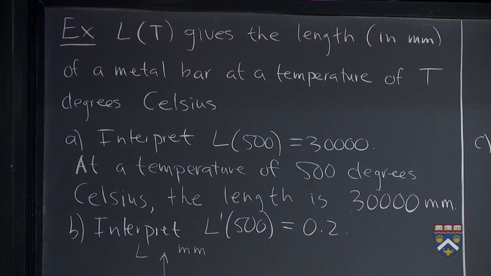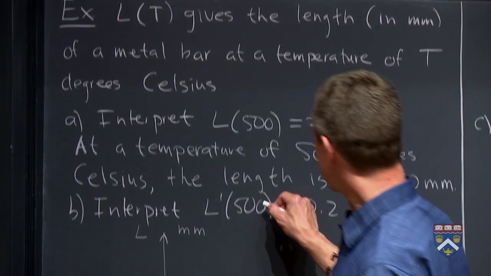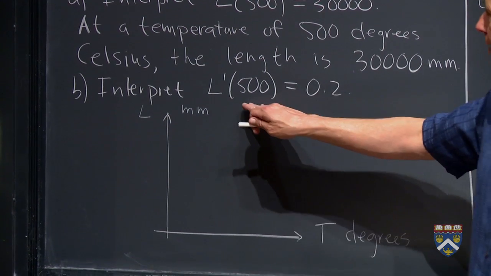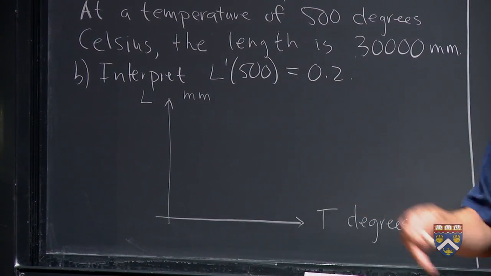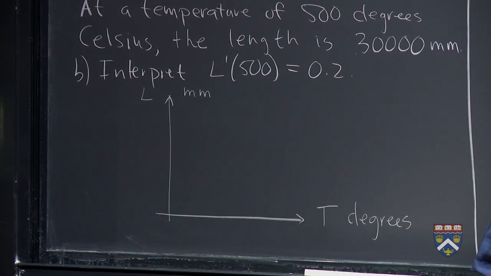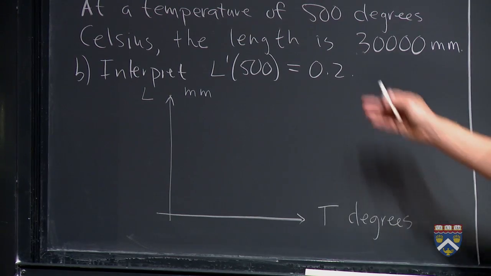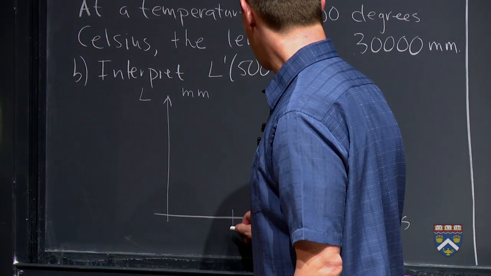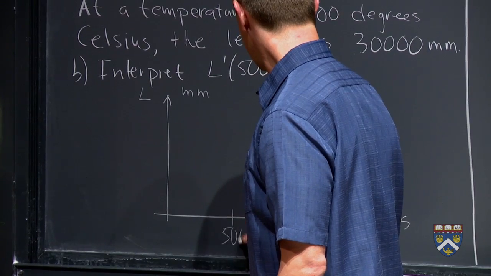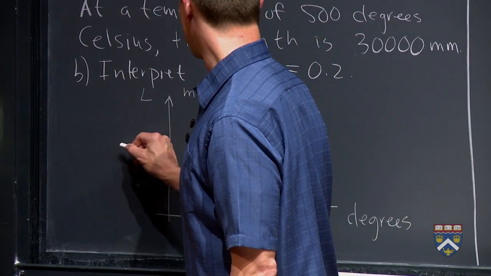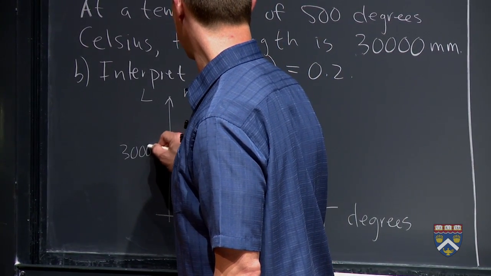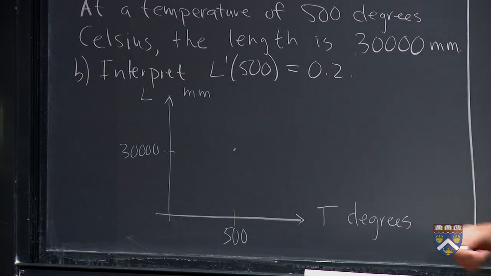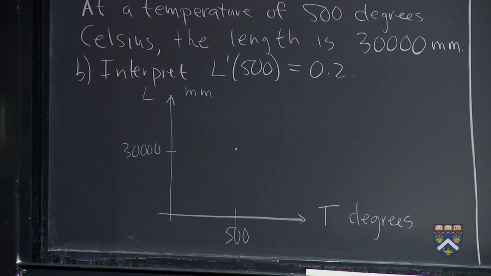This next one says L prime of 500 equals 0.2. So it's still 500 degrees because the inputs to L and the inputs to L prime are the same. But what is this 0.2? So it's saying the temperature is 500, L is 30,000, and here we've got that one point on the graph, and this 0.2 is telling us about the what of the graph?